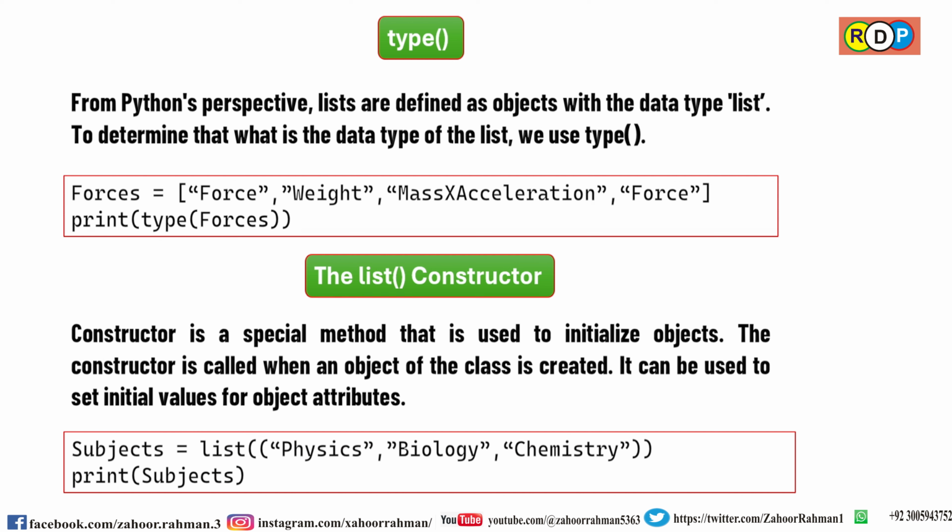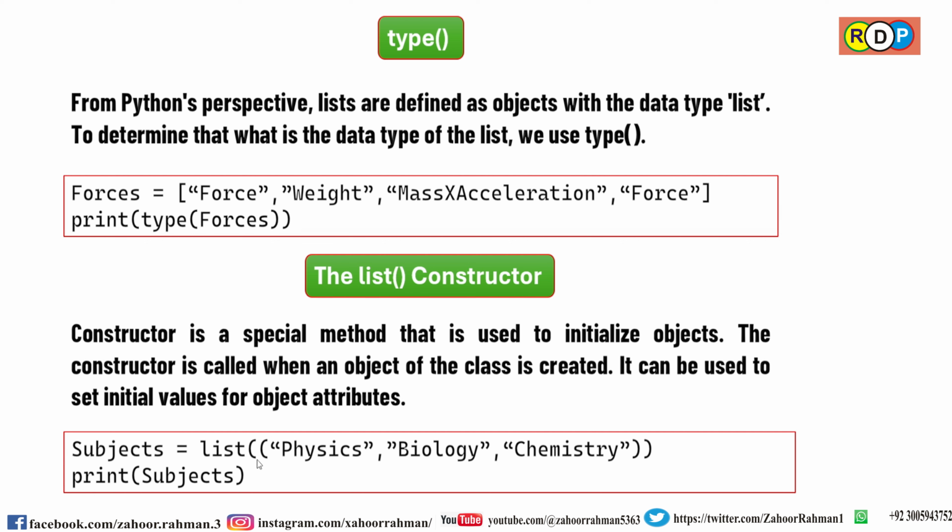Let us see this program. There is a list with the name subjects and I created this with the constructor, and this type of initialization is called constructor. You can see that instead of using square brackets, we use the parentheses here.